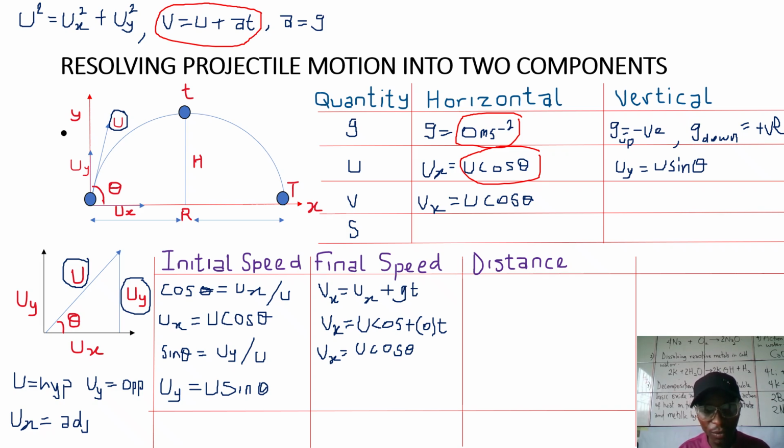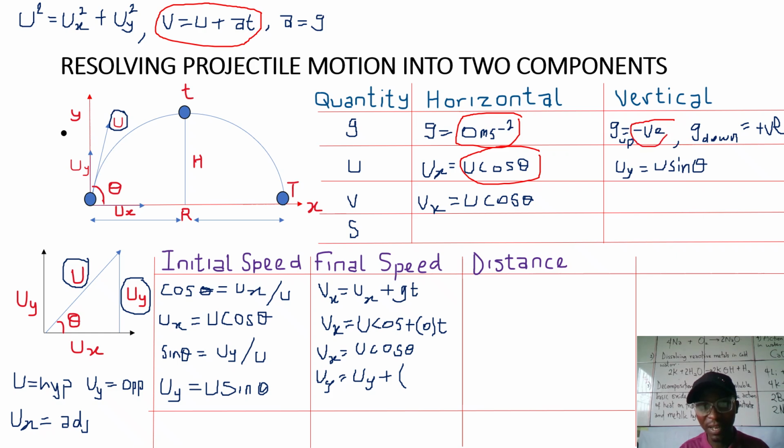In doing that, we will have Vy, which is equal to Uy plus, now the body is launched in air. If you look here, the body is launched in air, so it's moving against gravity. Since the body is moving against gravity, that implies that our G here will be negative.